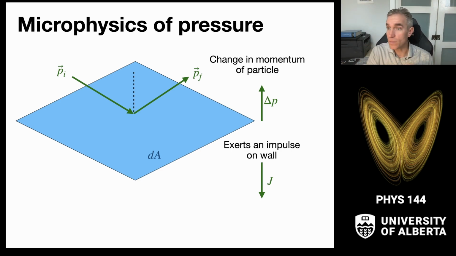But anyways, we can do all of this from the microphysics, and that's well within our physics understanding. It's a little less tractable in terms of interesting math, so we don't do it here, but it's the result of all of these particles bouncing off the walls that gives us the pressure inside of a fluid.